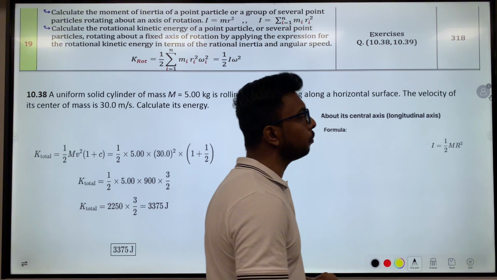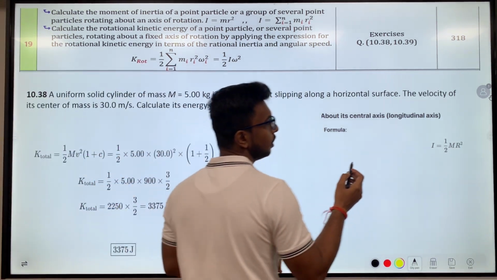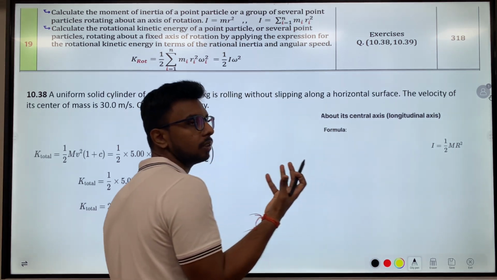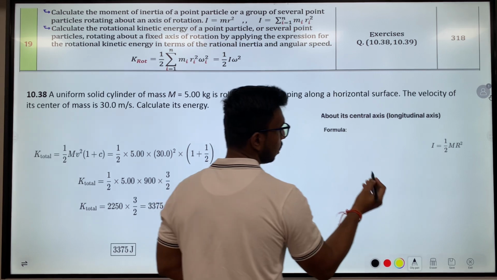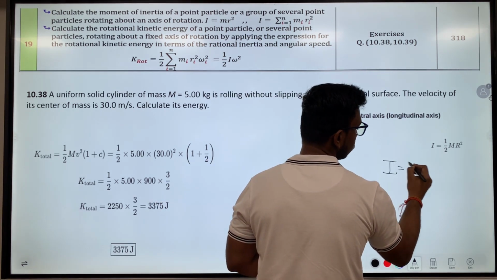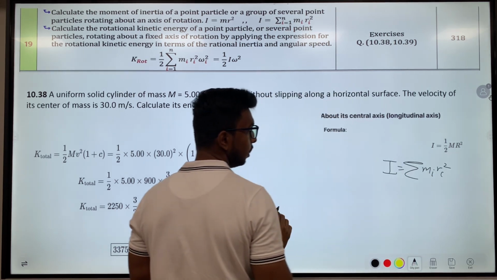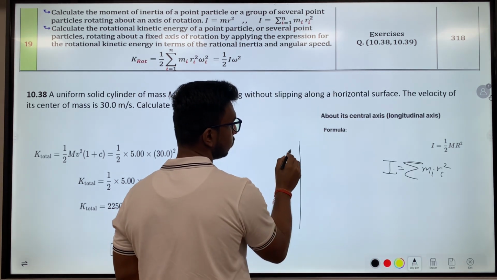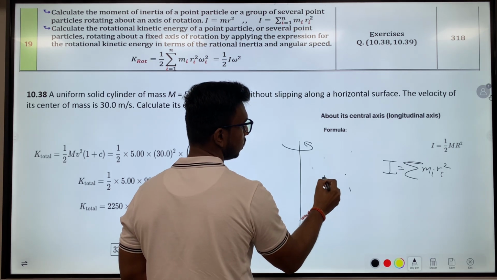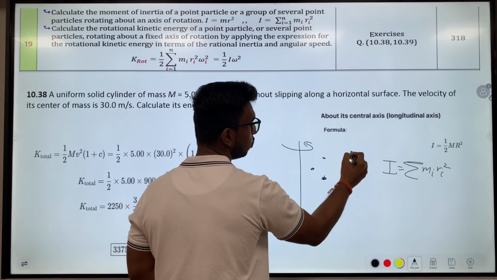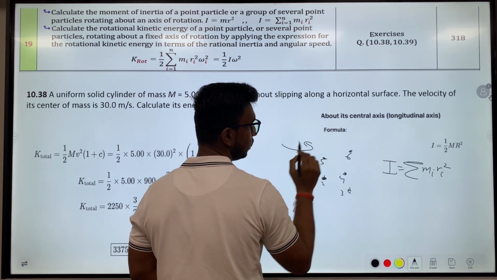Calculate the moment of inertia of a point particle or group of several points. Moment of inertia is basically, you can say, rotational mass. That is called moment of inertia. It is given by I equals sigma m_i r_i square. So if I have, let's say, this is the axis of rotation, and I have masses, let's say 1, 2, 3, 4, 5, 6. 1 kilo, 2 kilo, 3, 4, 5, 6 kgs.